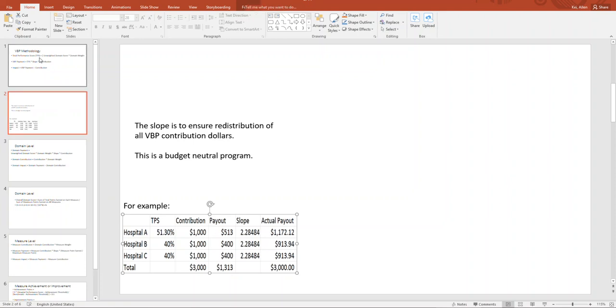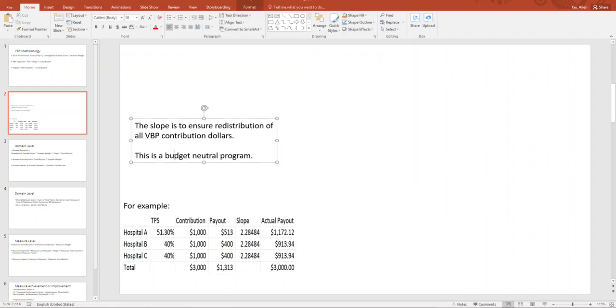The difference is the net income here. But for hospitals B and C, each of them pays $1,000 to the program, but they only get $900 back. That is actually a penalty for them for not having a good performance, while hospital A has a better performance, so that's why it receives more than it contributed to the program.